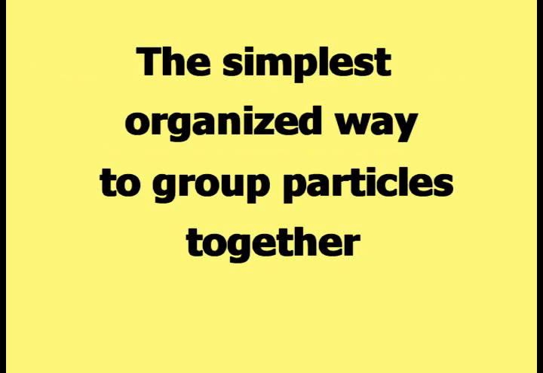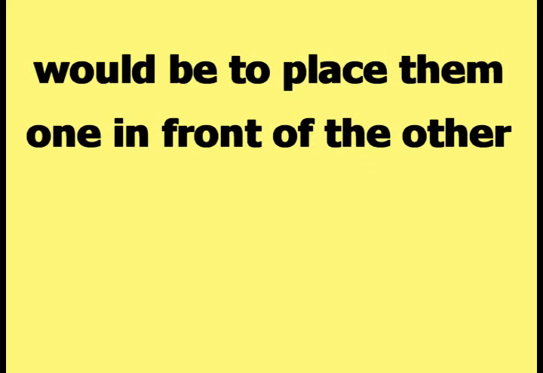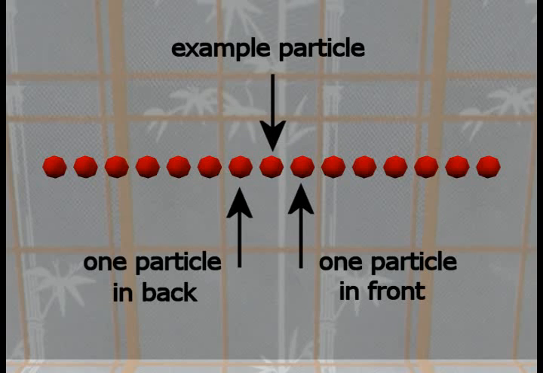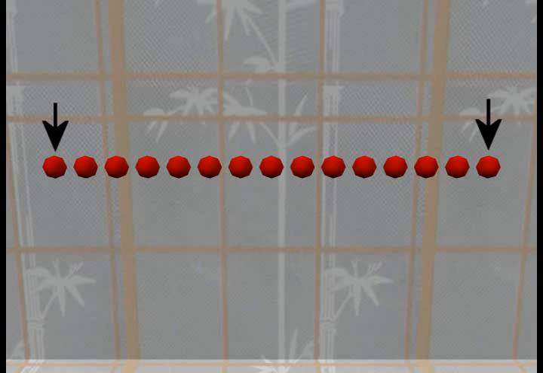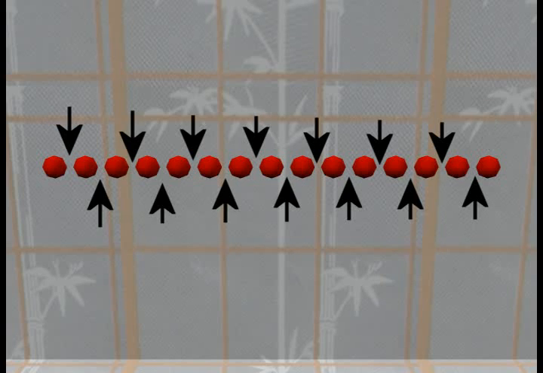The simplest organized way to group particles together would be to place them one in front of the other, as shown in this picture. Every particle has a particle in front of it and a particle in back of it, except for the particles at either end of the group. The particles in this picture are separated by a small distance.